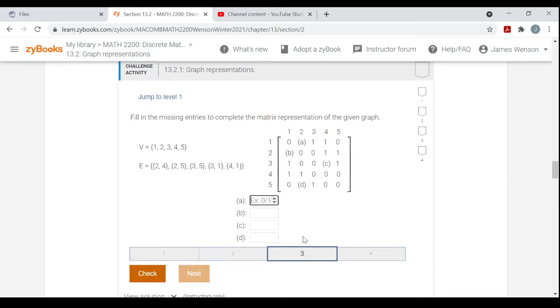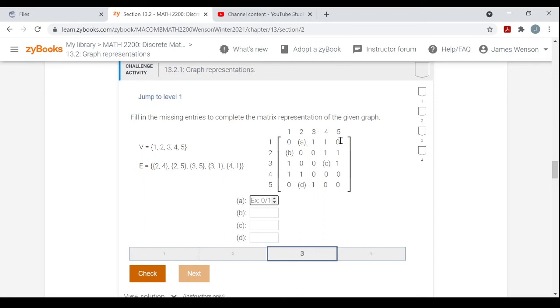Number 3, now look, you're not given a graph, but you could draw the graph if you wanted to. You have the vertex set, and you have all the edges. And you don't really need to draw the graph, though. If you have all the edges, you know where all the ones go. Right? Remember, ones are going to go in correspondence to where the edges are.